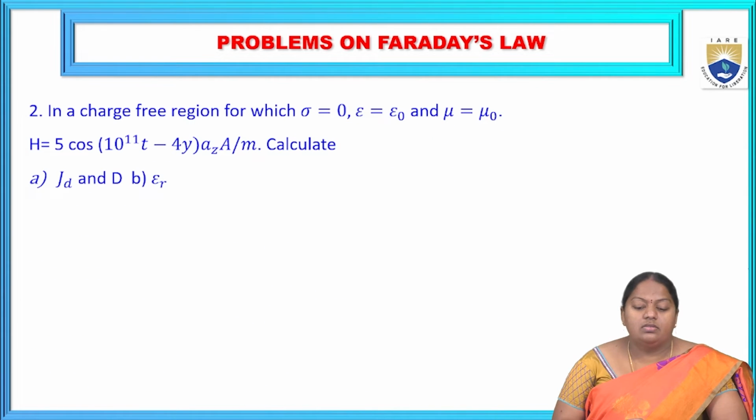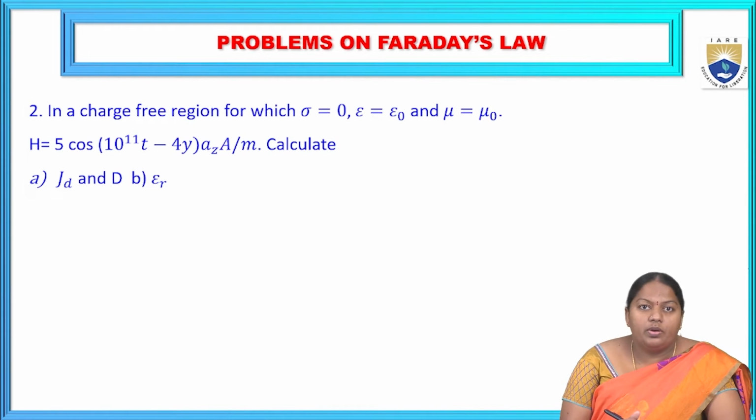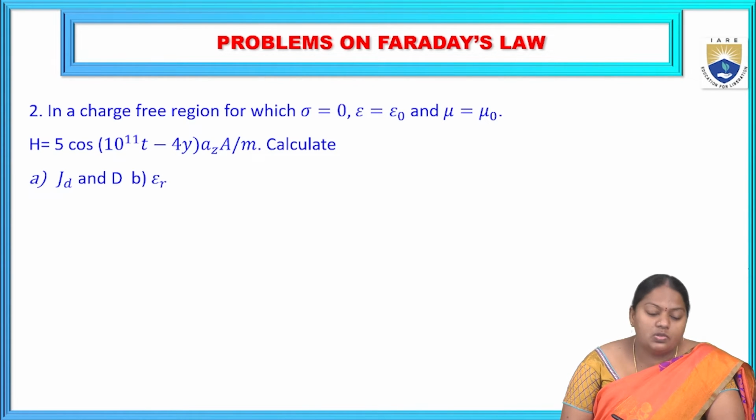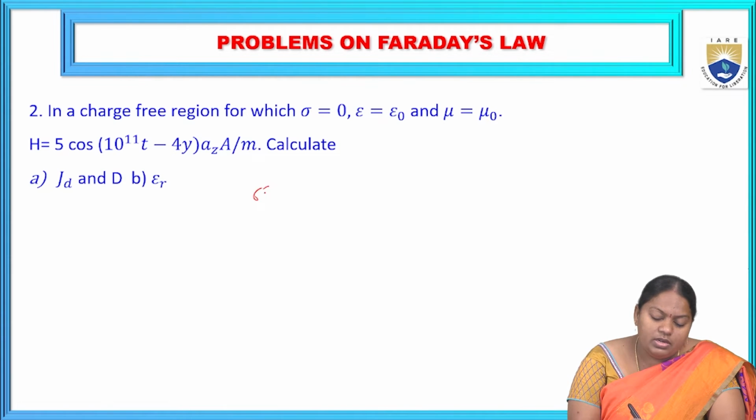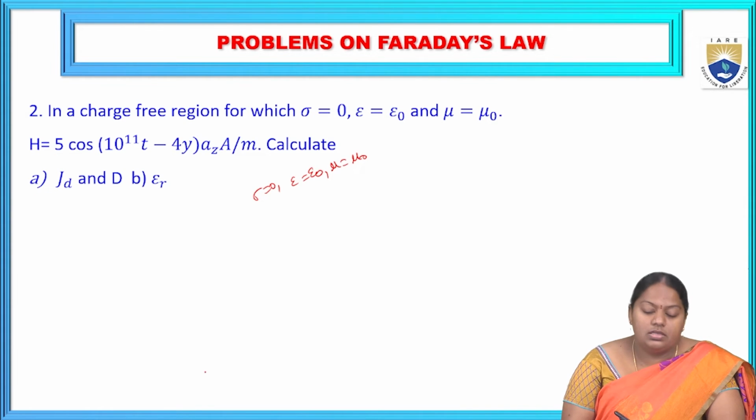Okay, next, one more problem, again based upon Faraday's law. In a charge-free region, which we need to consider as free space, σ = 0. For a free space medium, the conductivity becomes 0, ε is considered ε₀, and μ is considered μ₀.